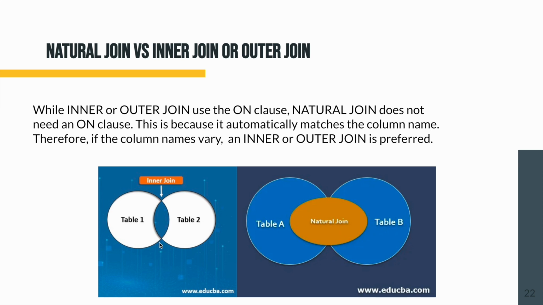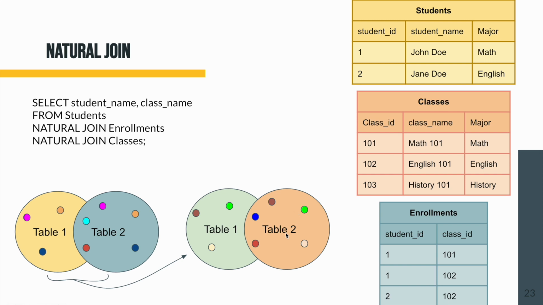And it doesn't have to be in the middle, it can be anywhere. I think this visualization might be a better representation. So for this example, in this natural join, again, we're doing two natural joins.